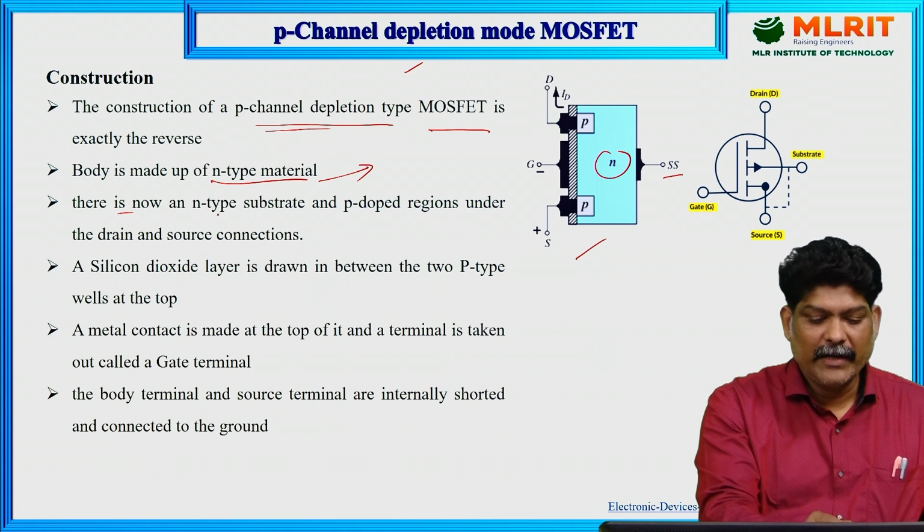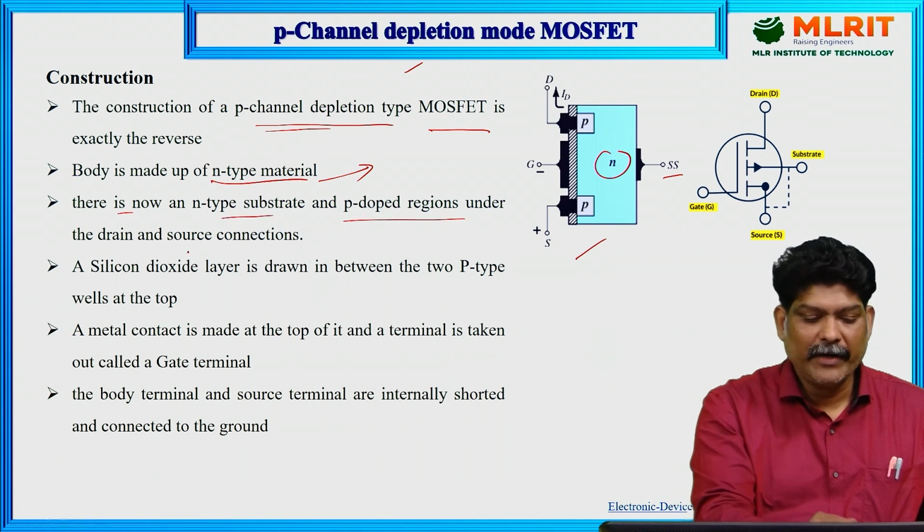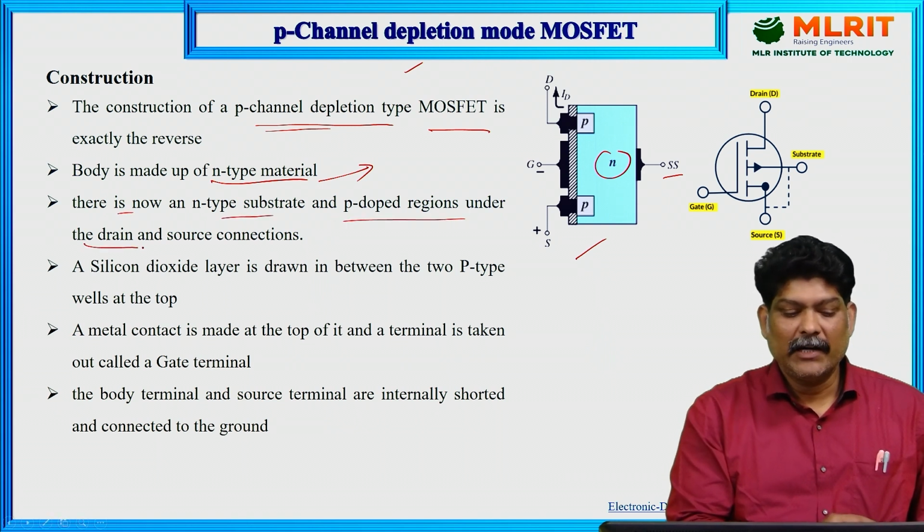There is now an N-type substrate and P-doped regions under the drain and source connections.